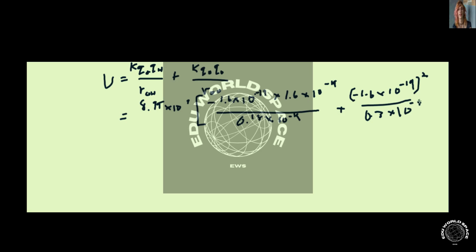Now if we compute this in a calculator, we're going to get that the potential is equal to negative 51.09 times 10 to the negative 20 joules.